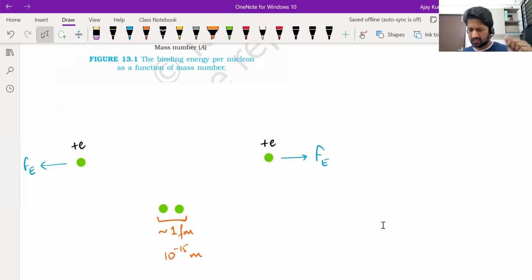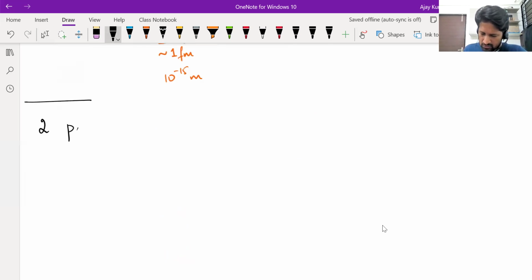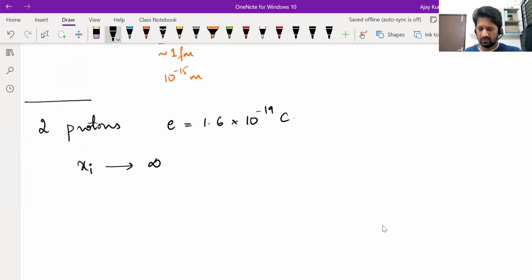Let us do some basic calculation first. Try to solve this problem. Consider two protons. The magnitude of charge on a proton is approximately 1.6 times 10 to the power minus 19 coulombs. Let's say they are initially very far away, so the initial separation between them tends to infinity. The final separation between them has to be approximately 10 to the power minus 15 meters.